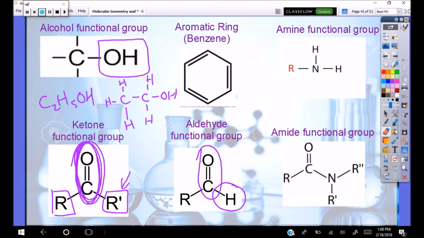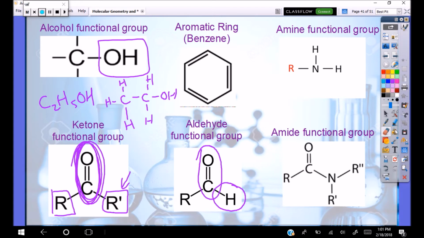If it's bonded to a nitrogen, you've got an amide. In an amide, you've got this C double bond O group, and it is directly attached to nitrogen as a neighbor. We also have amine, which is similar to an amide, but there's no carbon double bonded to an oxygen. This is typically a terminal group. You've got N bonded to 2 H's.